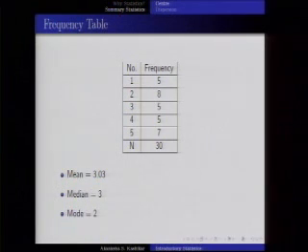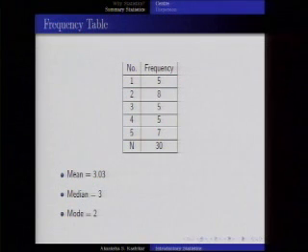Now if I compute the mean of this data, everyone can compute the mean. So this mean is 3.03, a simple average. Then median. How do I compute the median? Now I know 1 is repeated 5 times, 2 is repeated 8 times and so on. I have 30 observations, so my median would be something between the 15th and 16th observation.